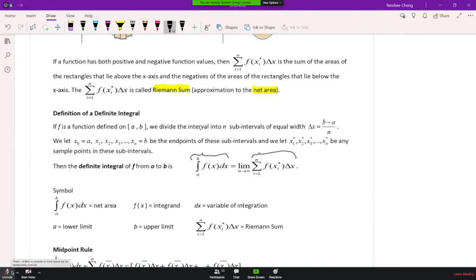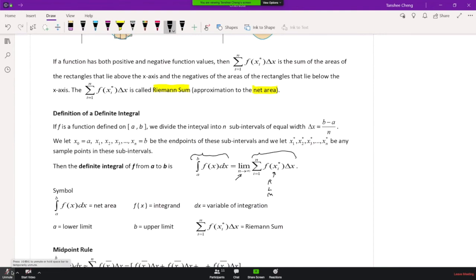This sample point can be used as the right endpoint, left endpoint, or midpoint. It doesn't matter which endpoint or midpoint you use, because there are infinitely many subintervals.